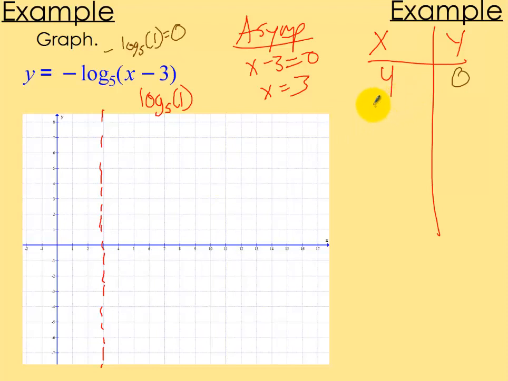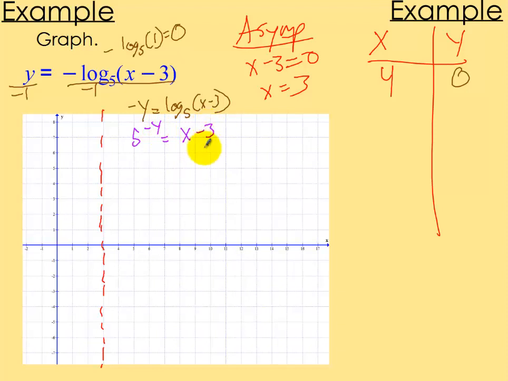Now I want to find some extra points. So I'm going to convert this equation into exponential form. The first thing, I got to isolate this log value. So I'm actually going to multiply or divide both sides by negative 1. So what I get is a new function of negative y equals log base 5 of x minus 3. Now I can convert to exponential form. So 5 to the negative y power equals x minus 3.